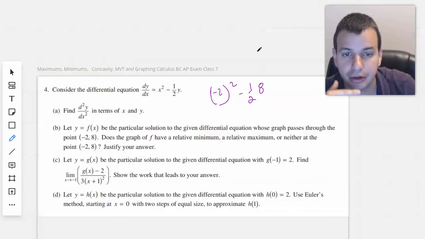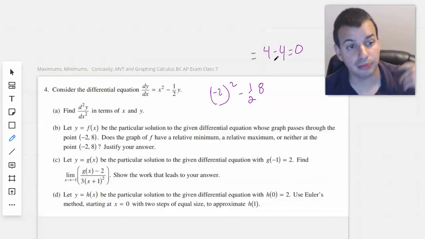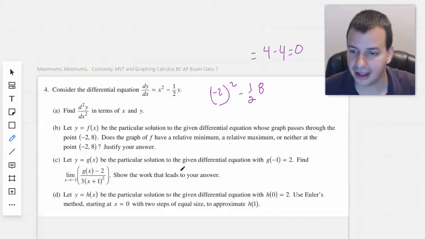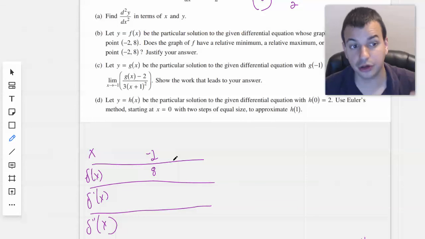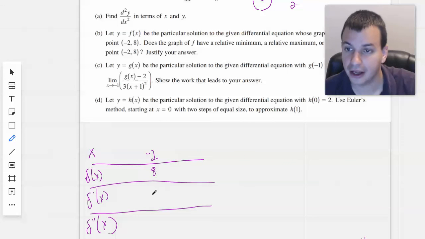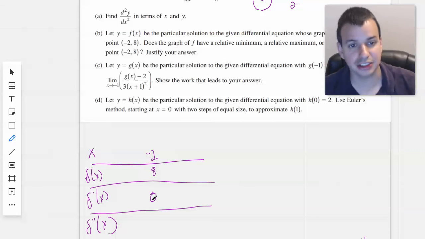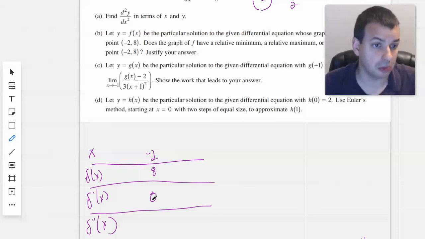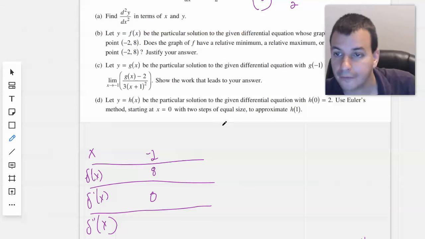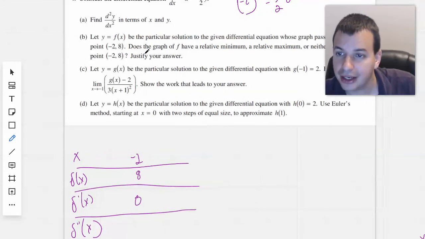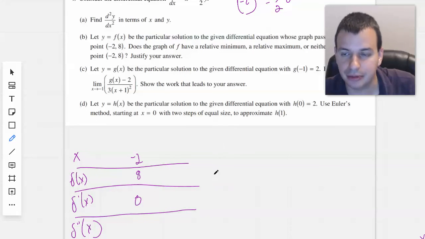This gives us 4 minus 4, which equals 0. Makes sense. So we have a critical point at (-2, 8), which can be a maximum, minimum, or possibly neither.